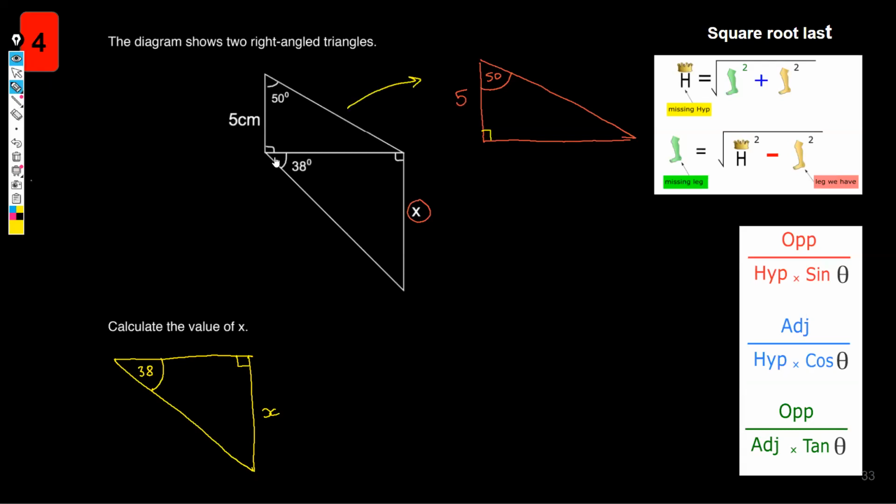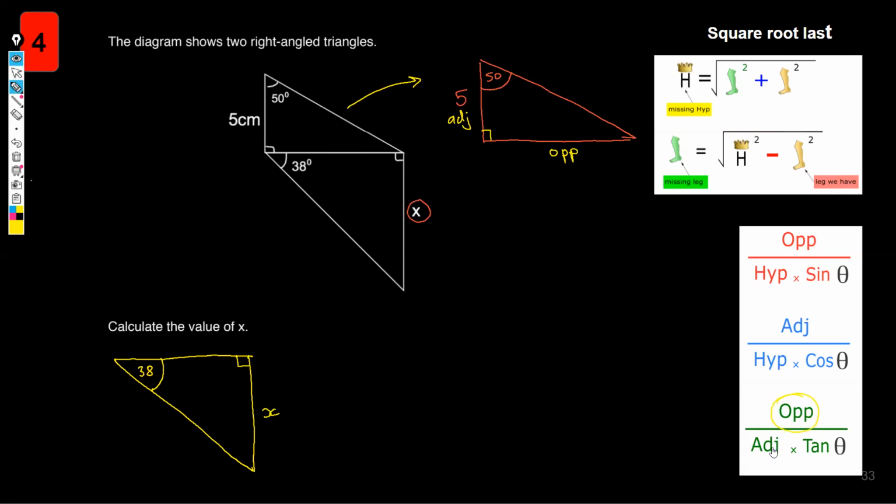So I'm going to try to find this length over here. Here's 50 degrees. If I decide to find this length, this side would be the opposite. The 5 would be the adjacent. The hypotenuse, I'm not interested in finding it. So which one has opposite and adjacent in it? That would be tan.